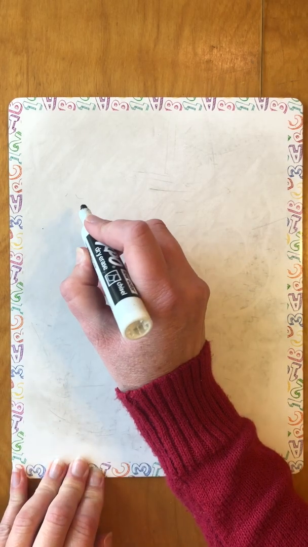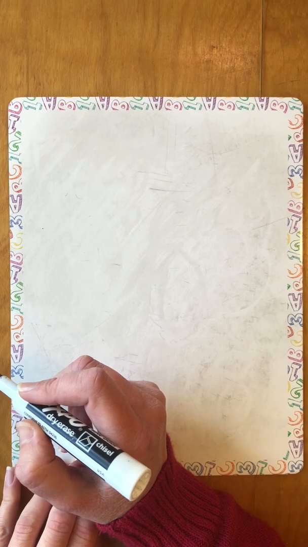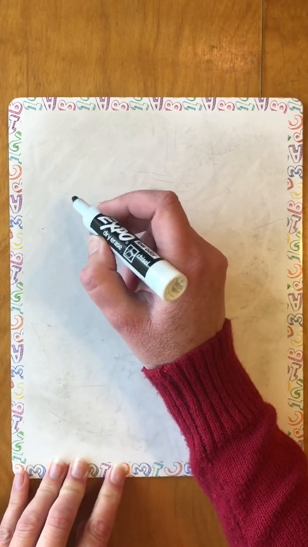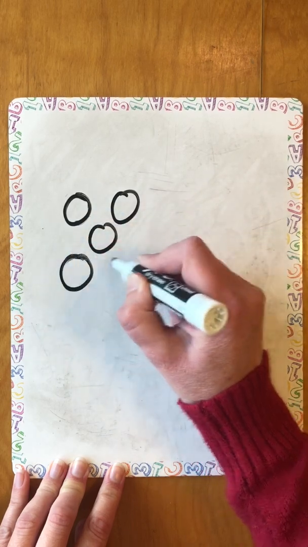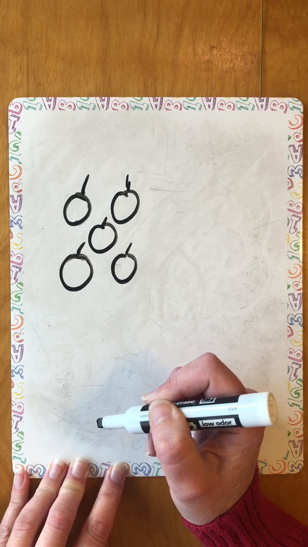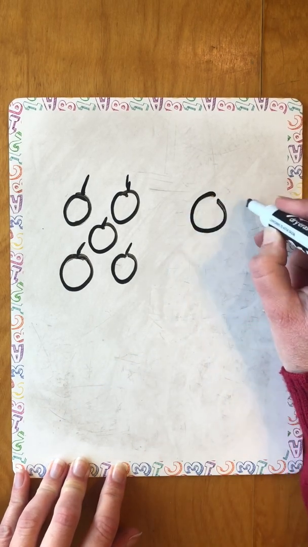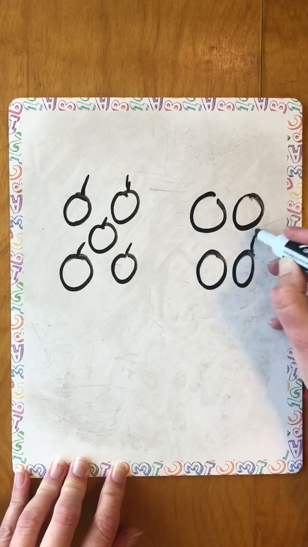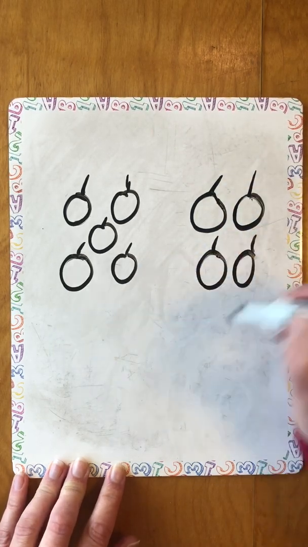So I'm going to put my apples over here and my friend's apples over there. How many do I have? I have 5. 1, 2, 3, 4, 5 apples. I have 5, and how many does my friend have? 4. And how much is that altogether?